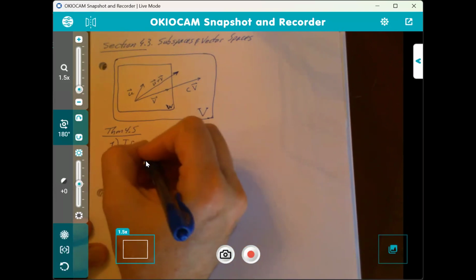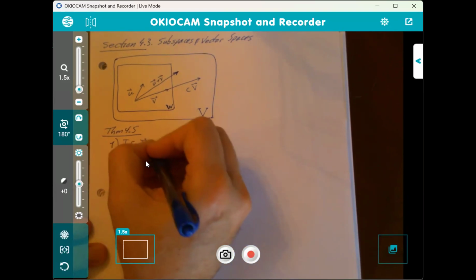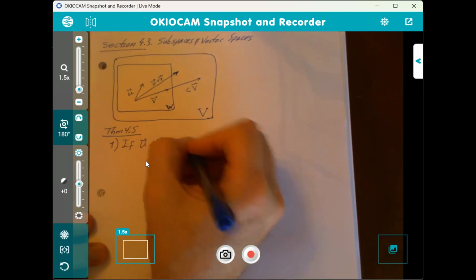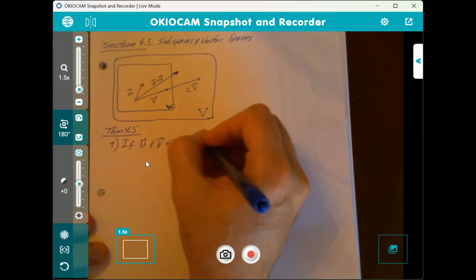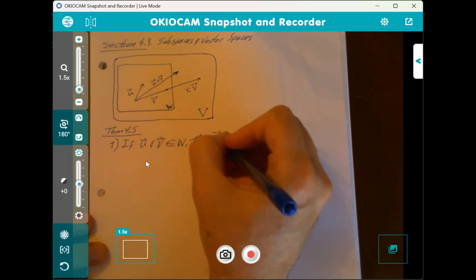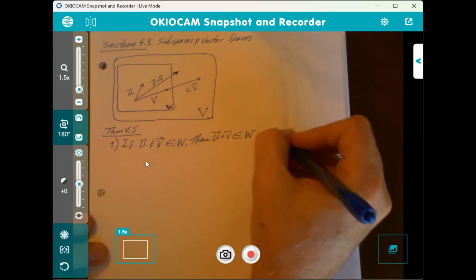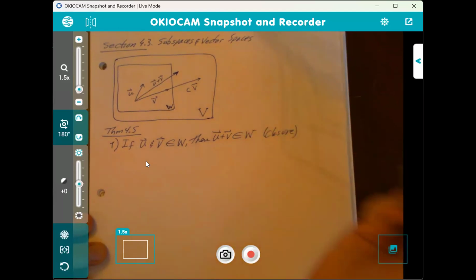So if U and V are in W, then the sum U plus V is also in W. Again, this is the closure under addition.